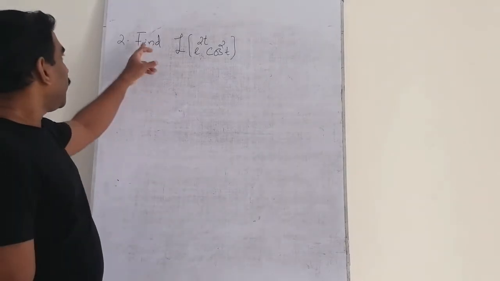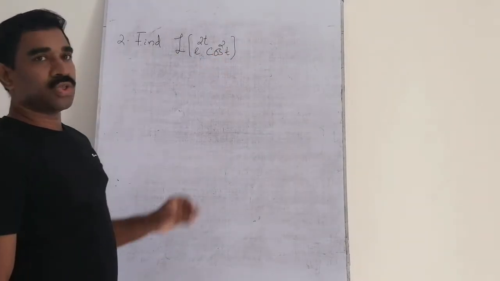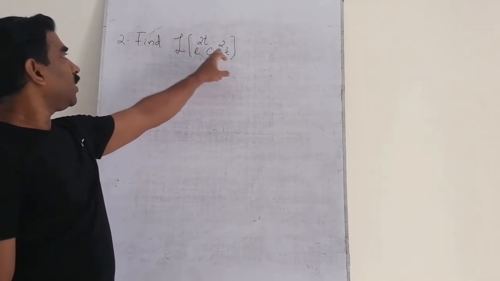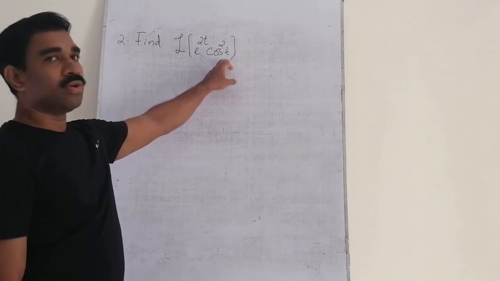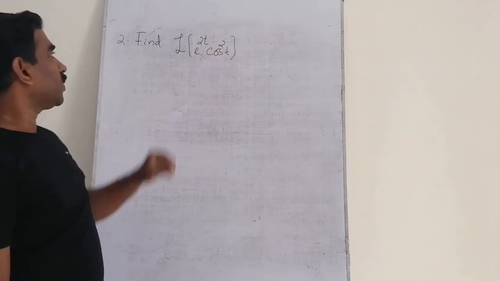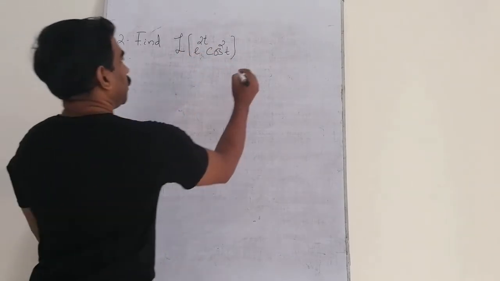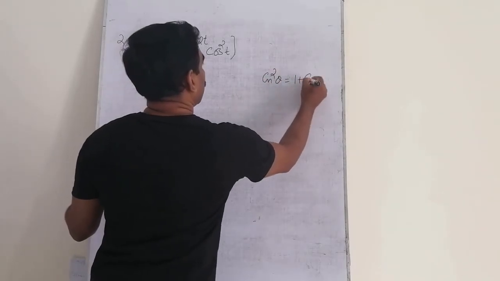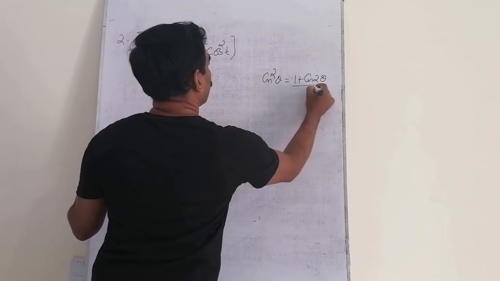Consider the second question. Find the Laplace transform of e^t cos² t. See, here we can apply the first shifting property. First of all, we will consider the Laplace transform of cos² t and apply the first shifting theorem. We can write cos² t as (1 plus cos 2t) divided by 2.